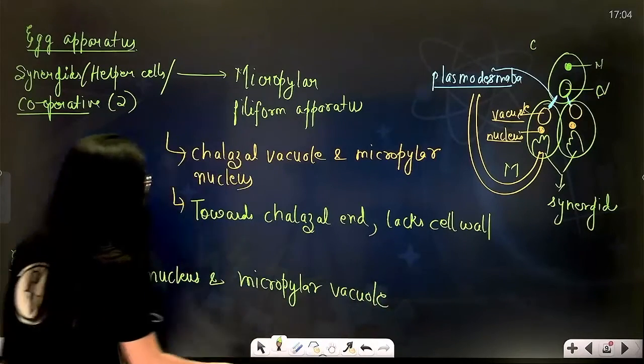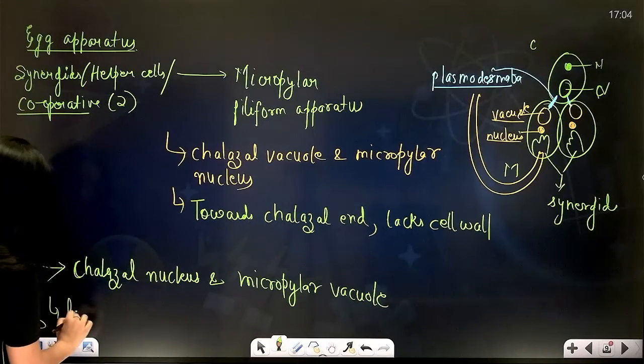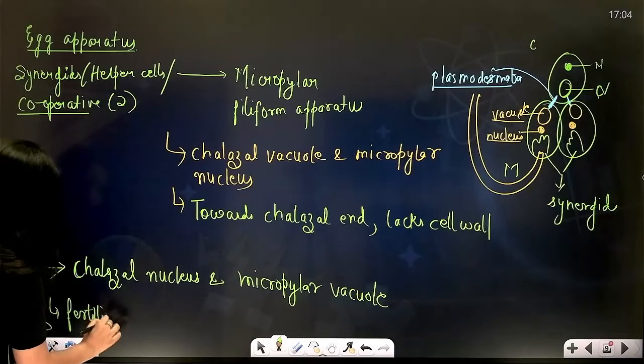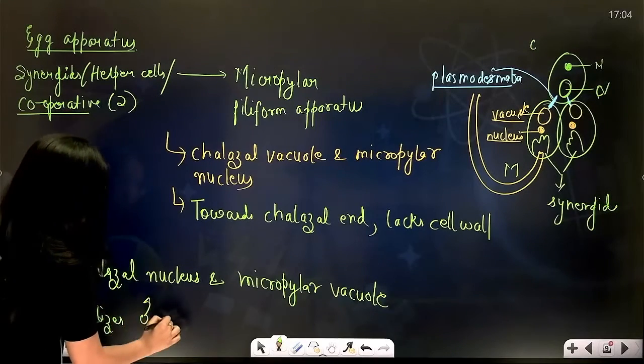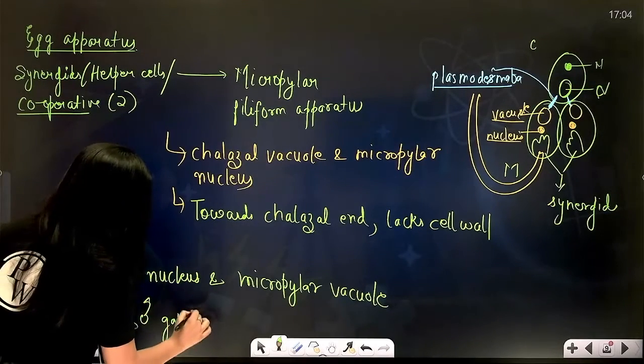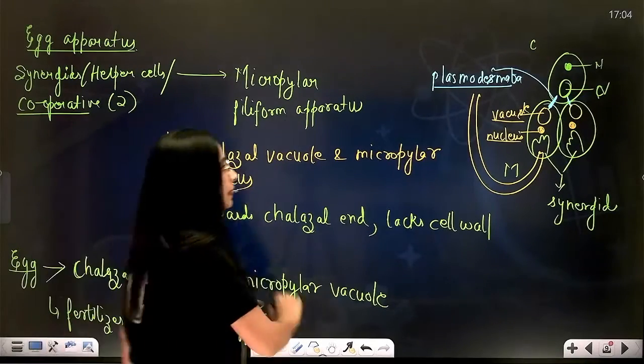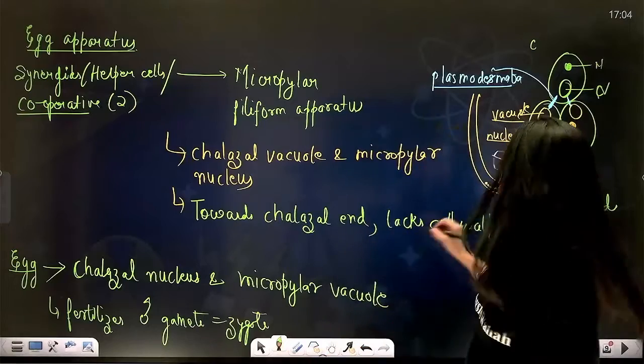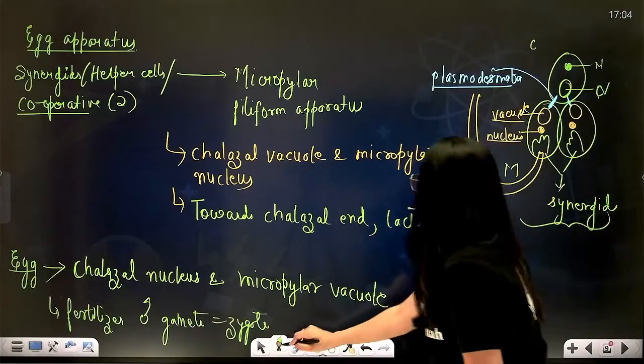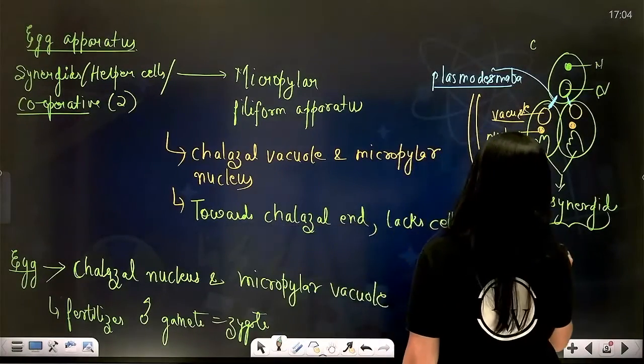This is the actual cell which fertilizes with the male gamete to form the zygote. Understood? The egg apparatus is overall 3-celled, 3-nucleate.